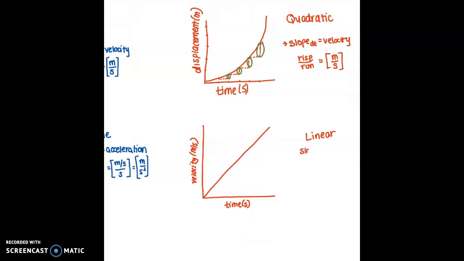Remember, the slope on a velocity time graph represents acceleration. And if you ever forget that, just look at your units, rise over run, rise in meters per second, run in seconds. Simplifies to meters per second squared, the units of acceleration.